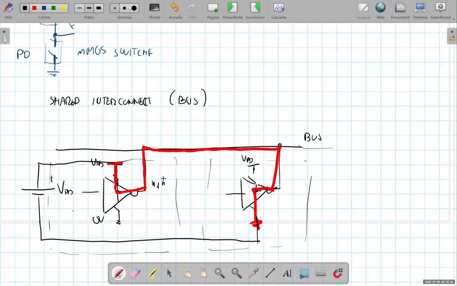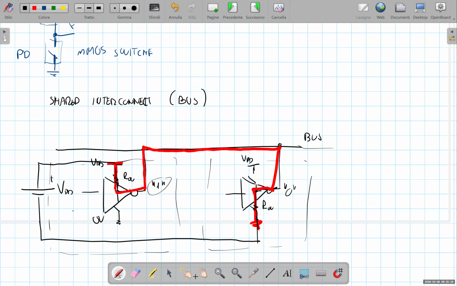When we have one gate at the high level and the other gate at the low level, we are establishing a low impedance path, since the on resistances of the pull-up network of the first gate and of the pull-down network of the second gate are quite small.